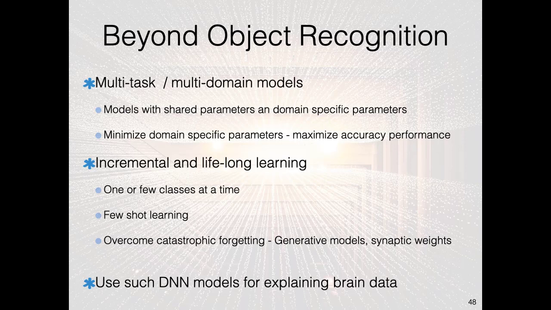And finally, if we have such a model, we can see if we can explain better the brain responses and get back and improve the model again to have this loop of interaction between neuroscience and computer science.